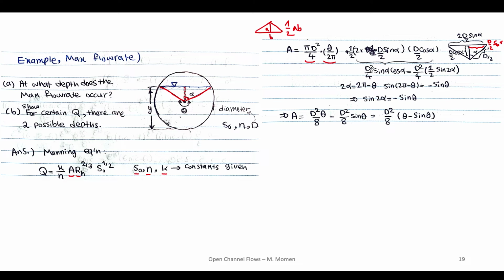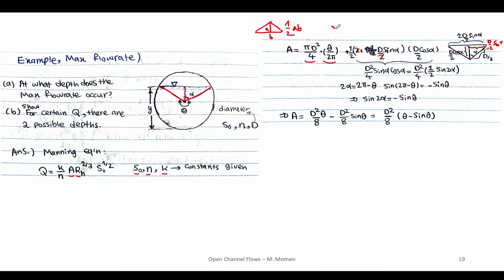Okay, so if you rearrange this, this is gonna cancel with this, and we are gonna get d squared over 4 sine alpha cosine alpha. Okay, so there is a relation in this kind of trigonometry for sine alpha cosine alpha.